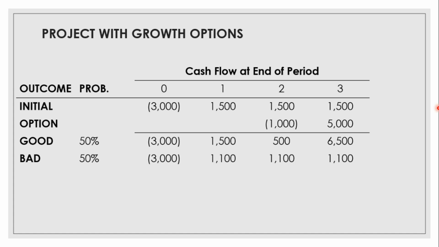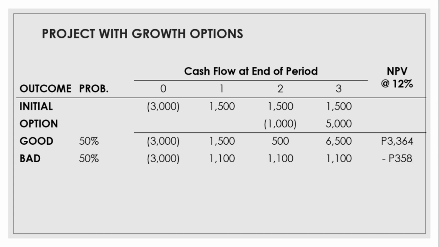So let's compute the NPV of the good outcome and the bad outcome using the WACC of 12%. For the good outcome, it has a very large NPV of 3,364. This is primarily because of the additional investment, which yielded an additional inflow for the entity. For the bad outcome, it's still negative 358.